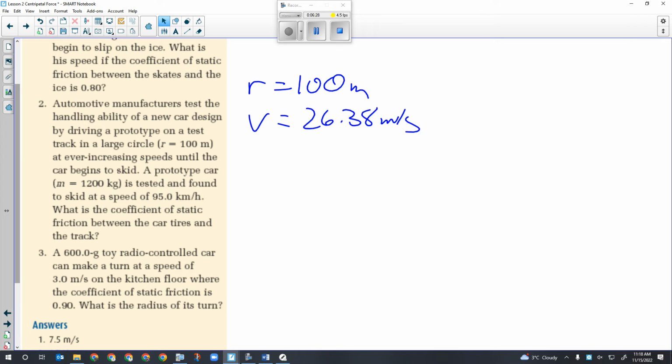And we know the mass is 1,200 kilograms. We're looking for mu. Since it's an unbanked corner, force of friction equals our centripetal force, so mu times m times g equals mv squared over r.